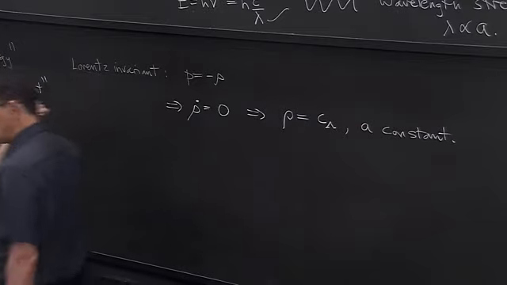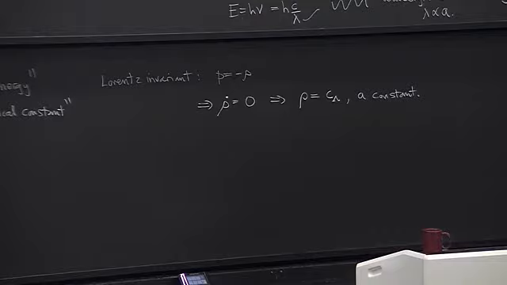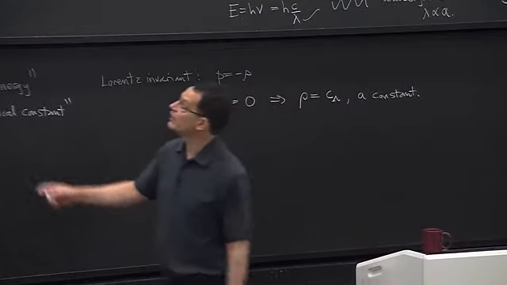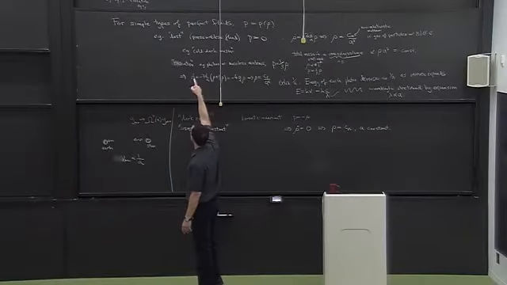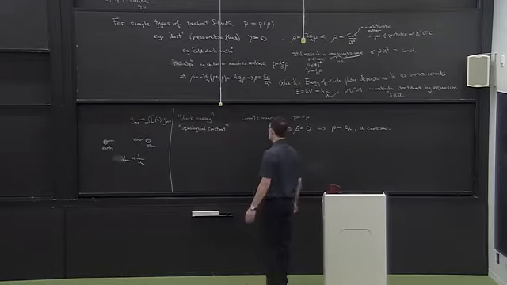And so if you measure the total energy in a co-moving volume, it'll be rho times a cubed. Well, a is growing, so you're just getting more and more energy. And that's fine. It's perfectly compatible with the stress energy conservation equation, which is what we've used.